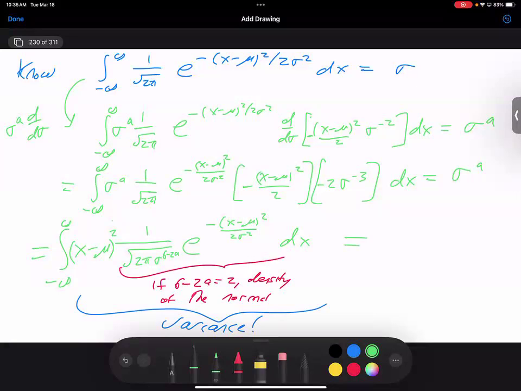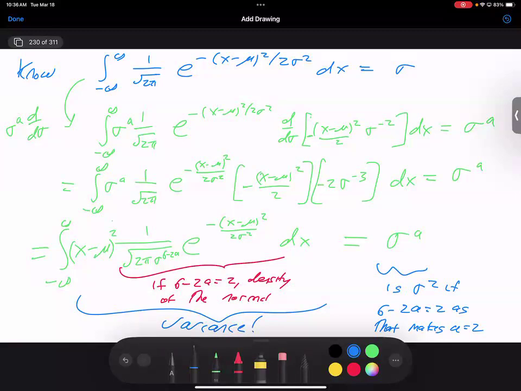Okay, so this is sigma to the a, and so this is sigma squared if 6 minus 2a equals 2, as that makes a equal 2.